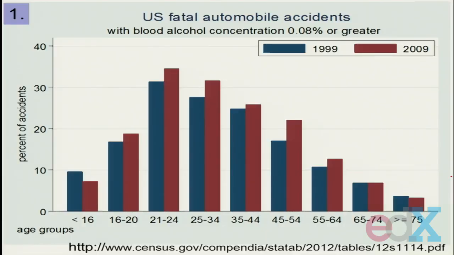Here's the site where I got this data from. It's at the bottom here. This is by age groups, and what I've plotted here is the data about fatal automobile accidents in the US for 2 years, 10 years apart, and what percentage of those fatal automobile accidents had alcohol involved.